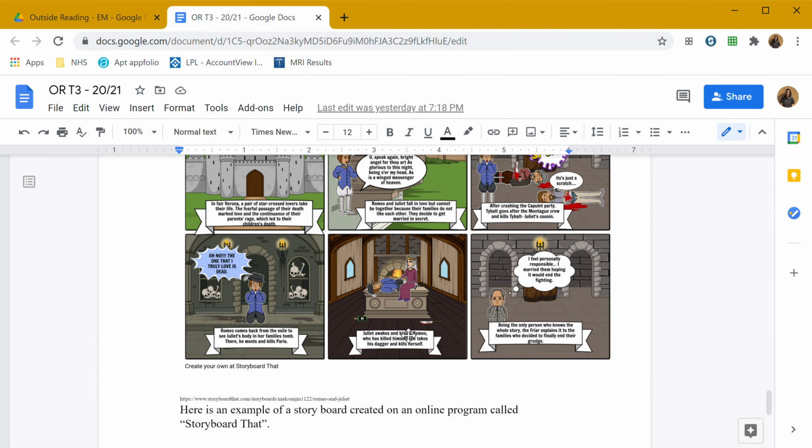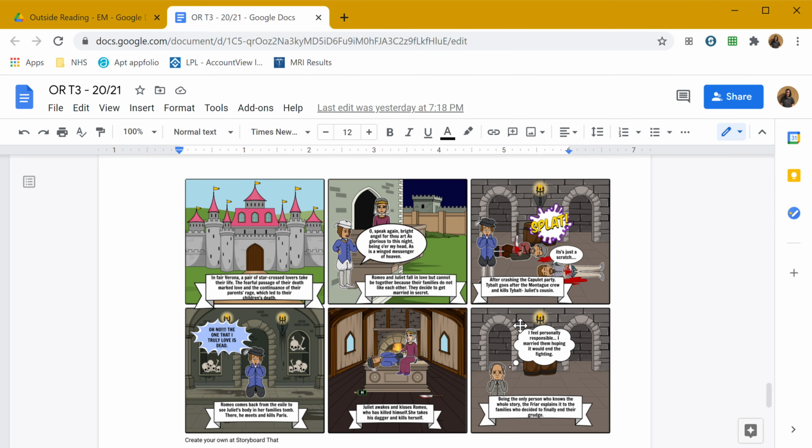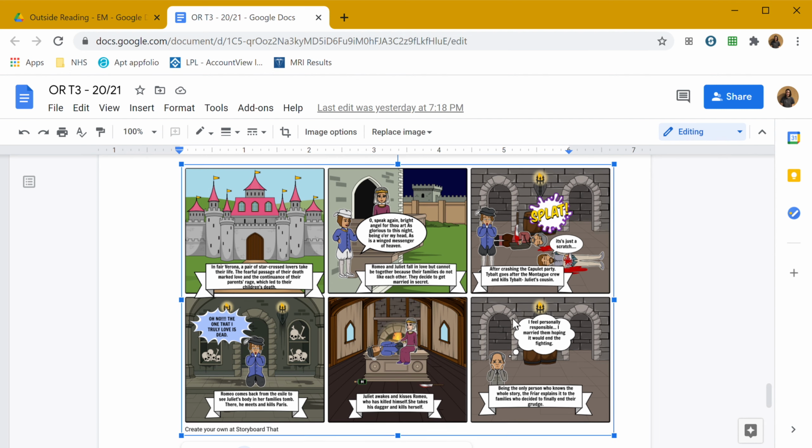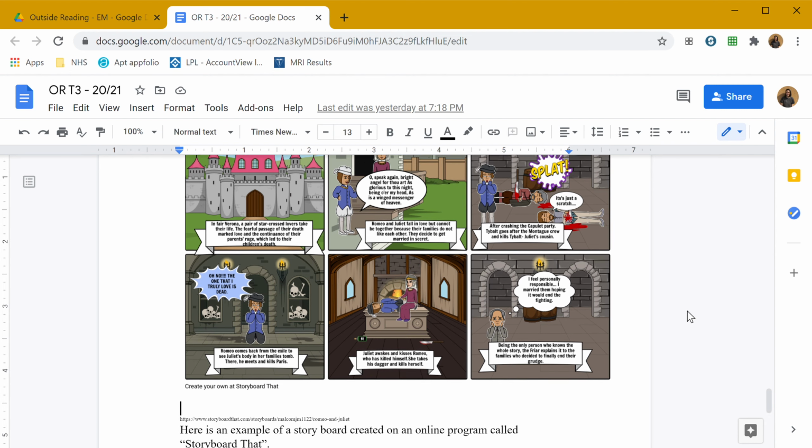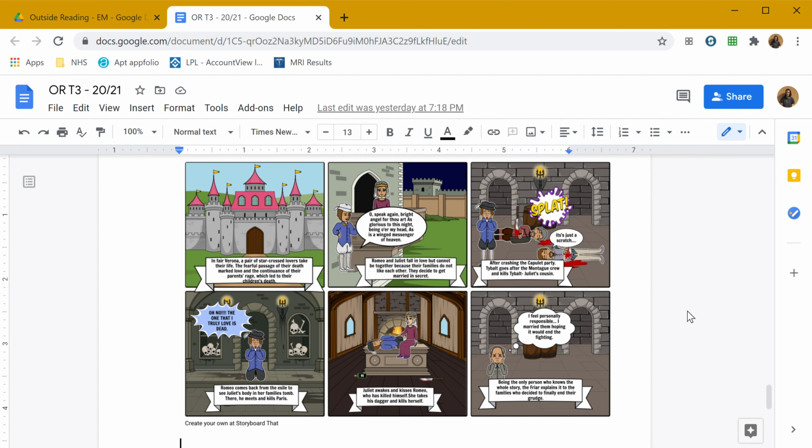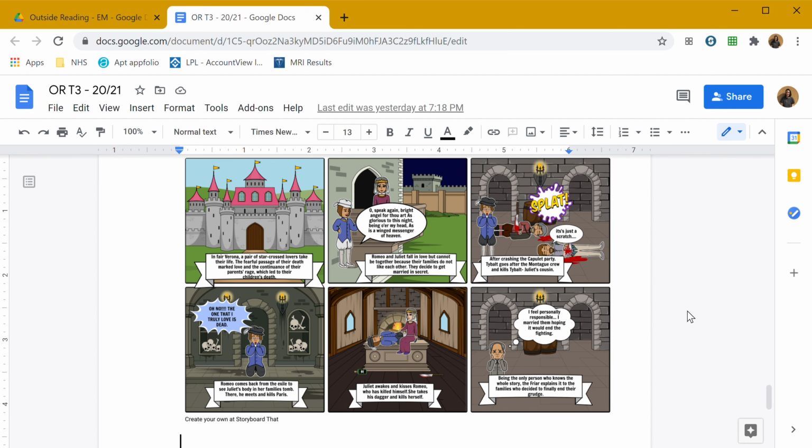And then finally, this last one is an example of a storyboard that a student created on a website called Storyboard That. It's an online program basically that helps you to create storyboards, and you can pull different backgrounds and things like that.